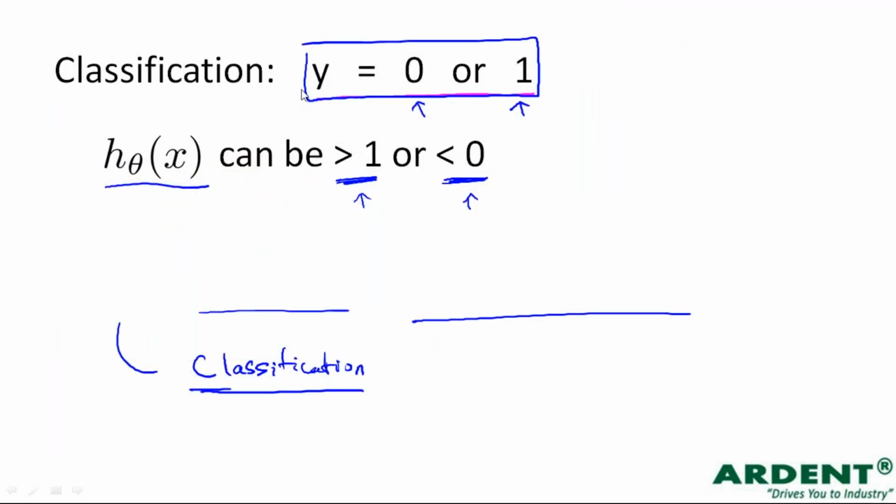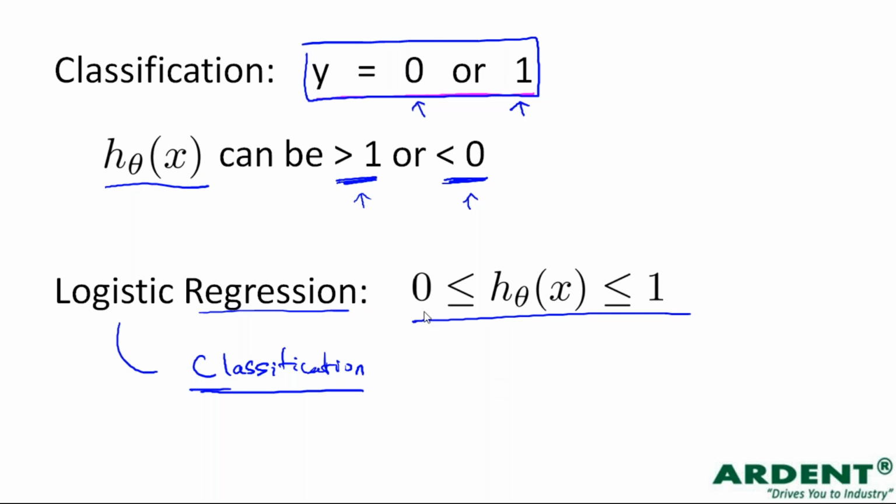See, classification can be either 0 or 1. Logistic regression cannot go below 0 and neither can it go above 1. But consider linear regression: can the value of linear regression be greater than 1?